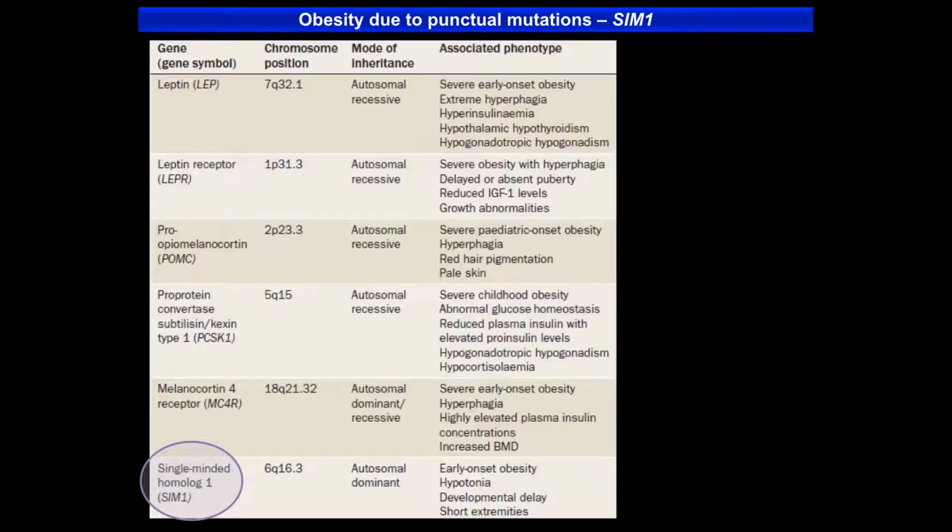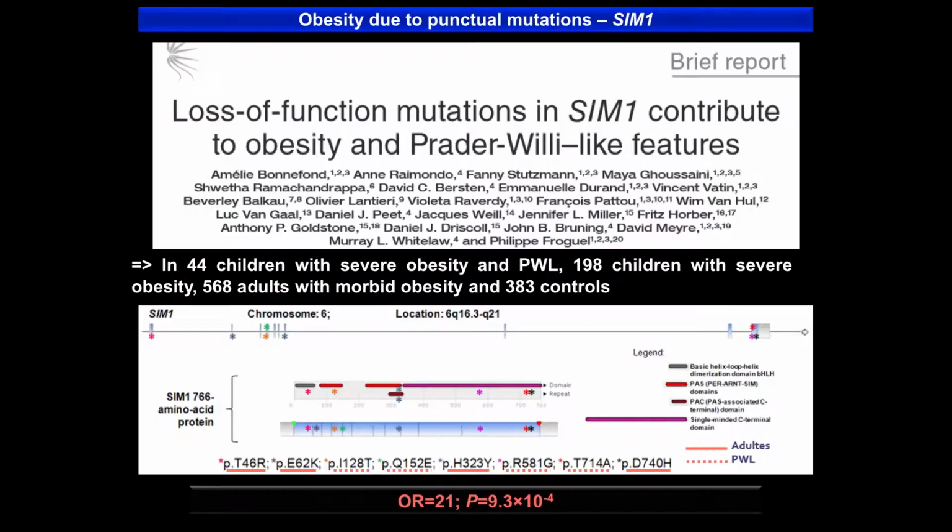We have shown exactly the same thing for an important gene named SIM1. It's a transcription factor, necessary for the development of the hypothalamus. And also, the phenotypes are different. Originally, Amélie Bonnefond in my group worked on patients with Prader-Willi-like features. She sequenced and found several mutations, as you can see here. The second thing we did, in collaboration with Sadaf Farooqi and an Australian group, was to analyze the effect of these mutations.